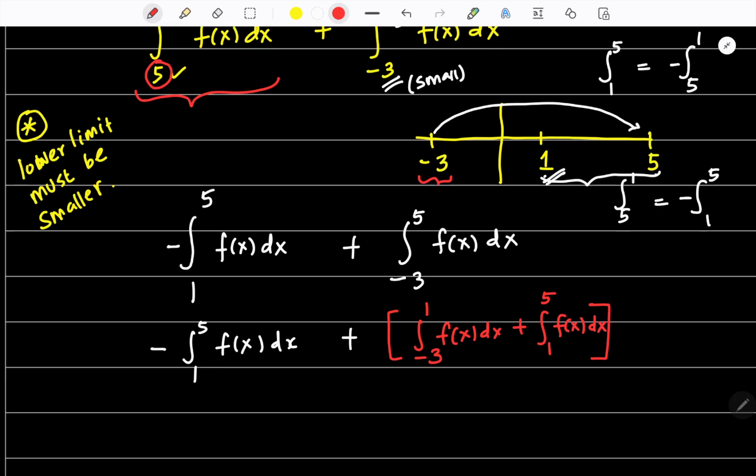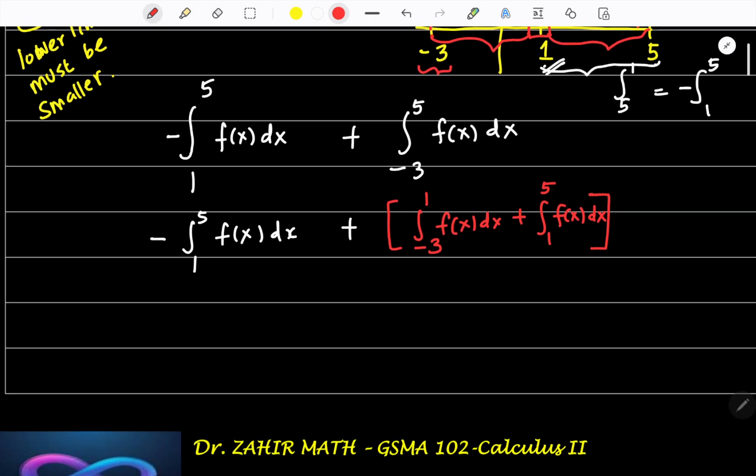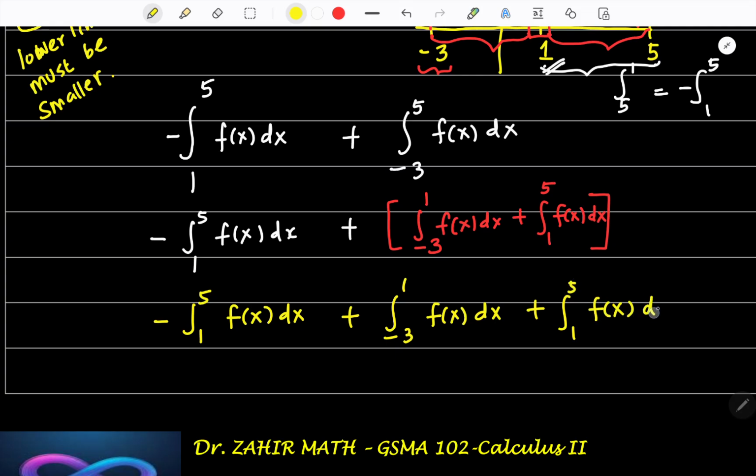Look at the real line which is going from minus 3 to 5. In between there is a point 1. So I'm going from minus 3 to 1 and then from 1 to 5. Right, this is the maximum simplification we can do. Let's see how it goes. So it is integral 1 to 5 with negative sign f of x dx plus integral minus 3 to 1 f of x dx plus integral 1 to 5 f of x dx.